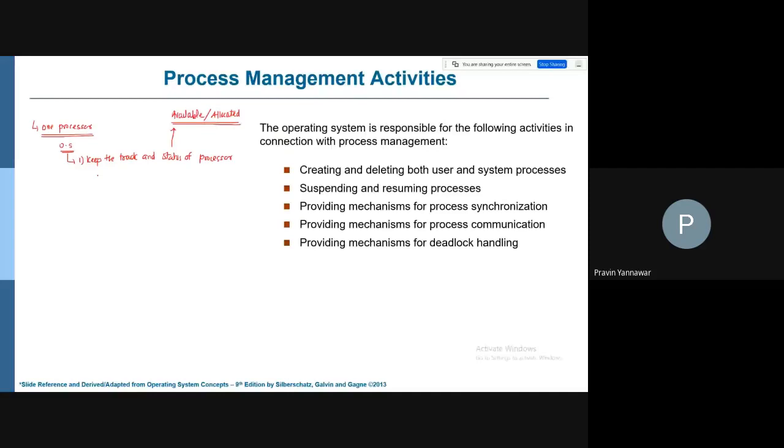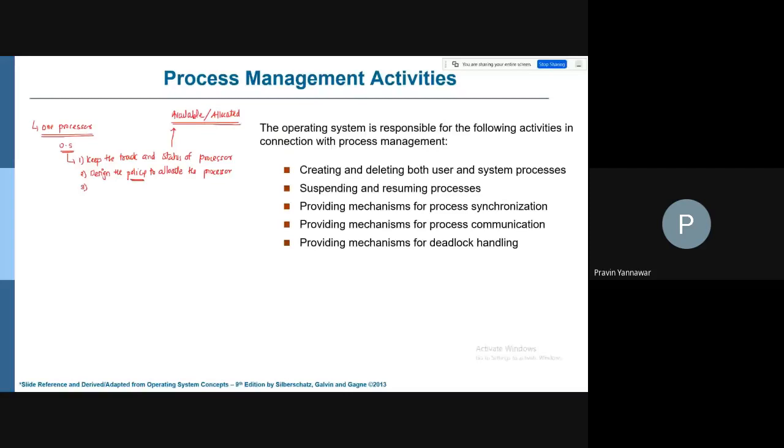Second, you should design a policy to allocate the processor. So you should have a policy to allocate the processor.